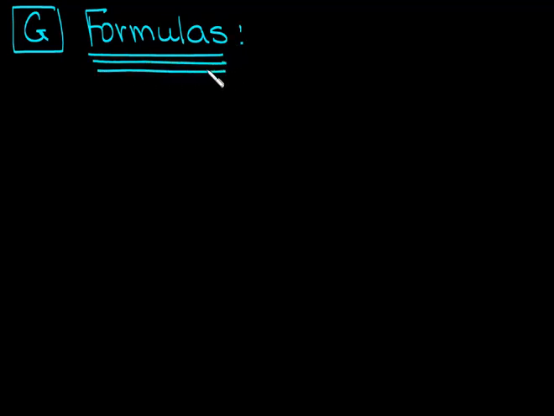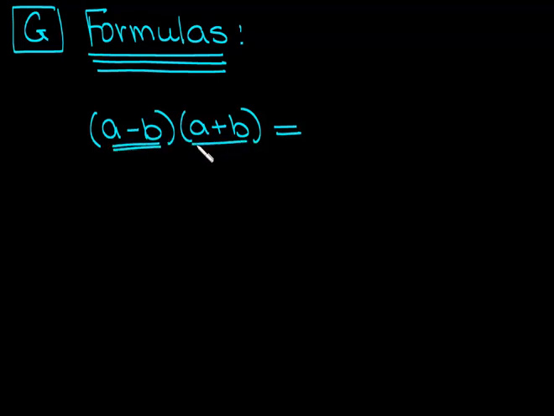The three formulas that you should always know, there's 6 total, but for now we'll just talk about the 3 here. If you're multiplying a minus b and a plus b, two polynomials or two expressions that are exactly the same except for the sign in the middle, we call them conjugates.